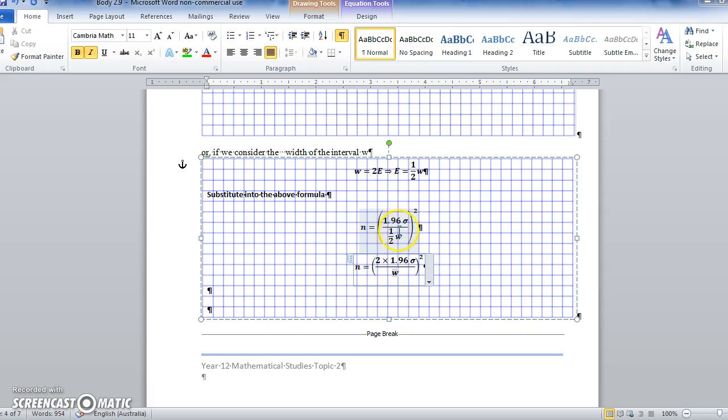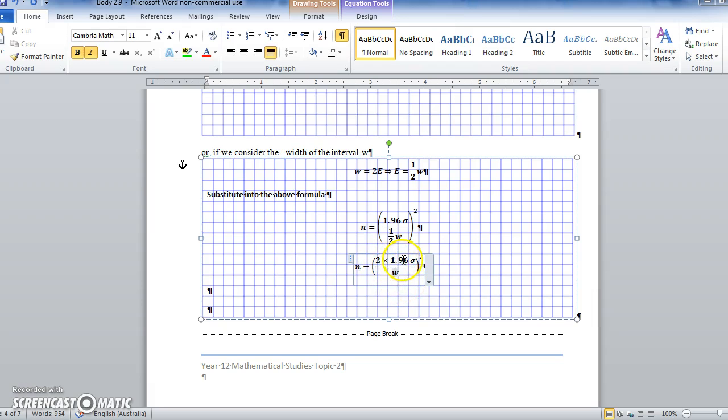So it's 1.96 sigma divided by a half, so we invert it. When we invert, we get 2, and then we multiply it by 2, so that's how we get 2 times 1.96 sigma there. And so that gives us the sample size we need in terms of the width of the interval.